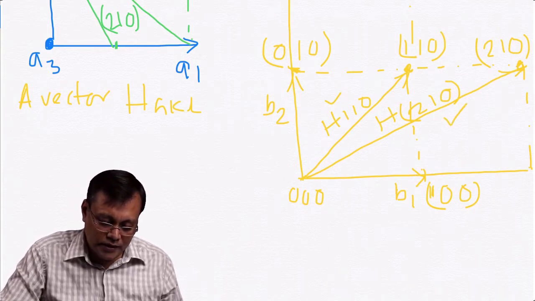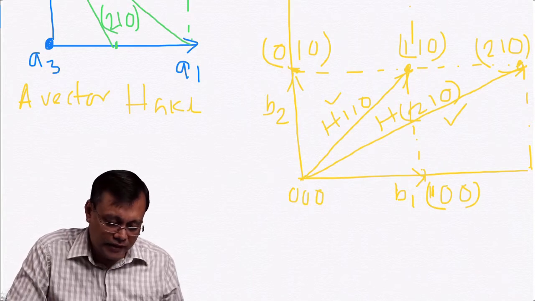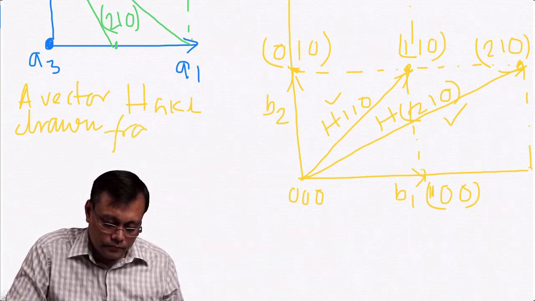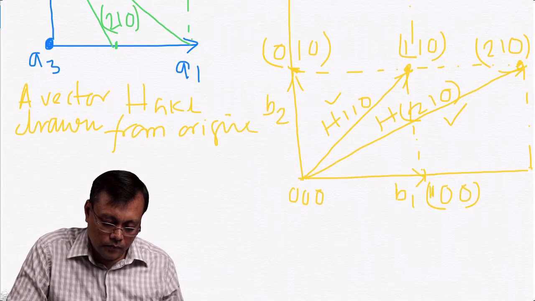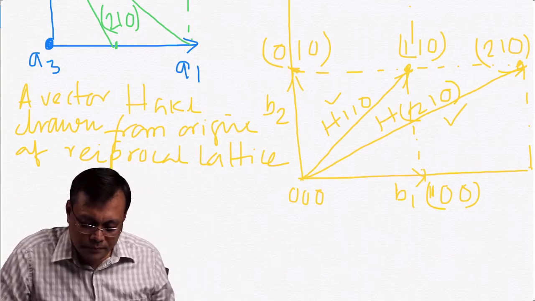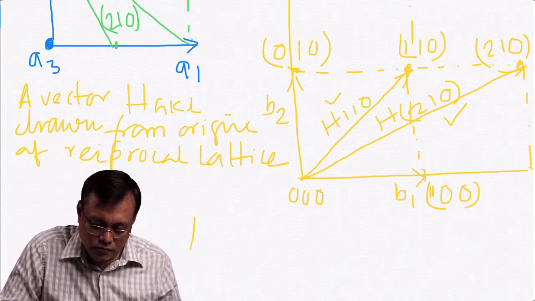So I represent in general capital H hkl, that is drawn from the origin of the reciprocal lattice. So how to represent this capital H?